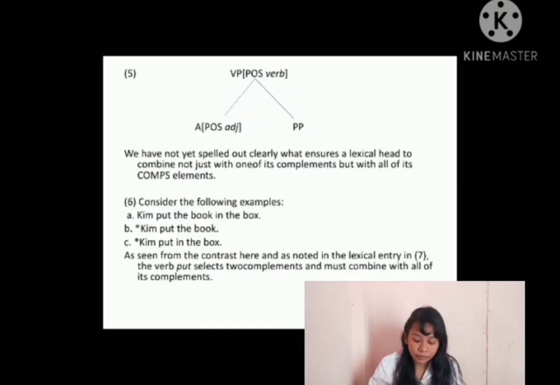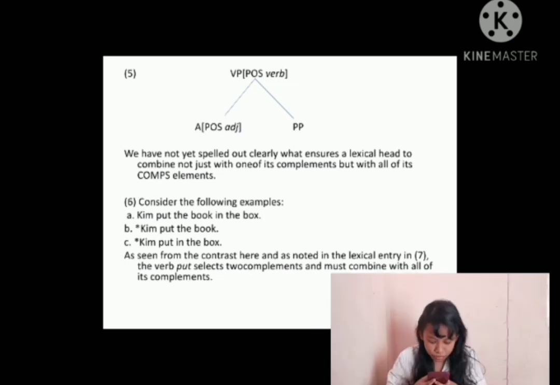In diagram 3, we have not yet spelled out clearly what ensures a lexical head combines not just with one of its complements, but with all of its complements. 6. Consider the following example.